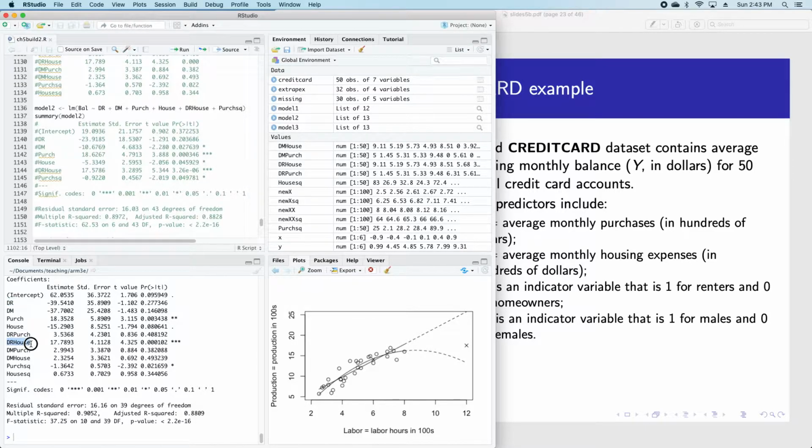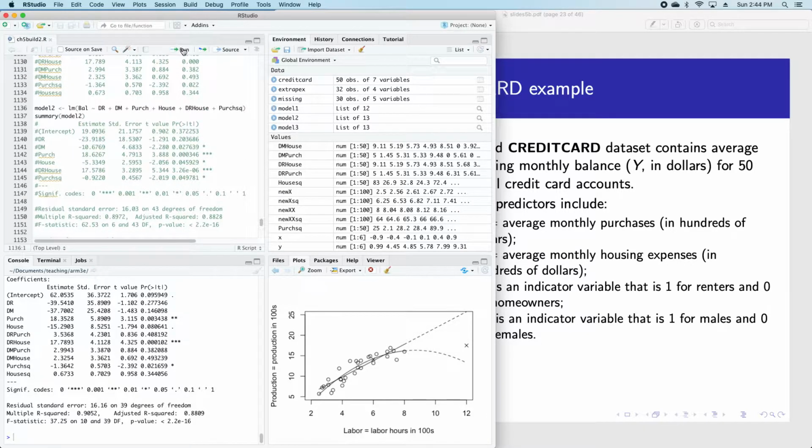So dr house has a very small p-value, so because I'm going to definitely keep dr house in the model, I'm going to keep dr and house in the model regardless of their p-values.